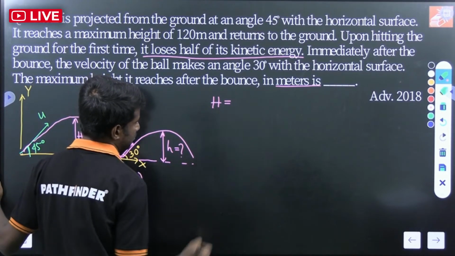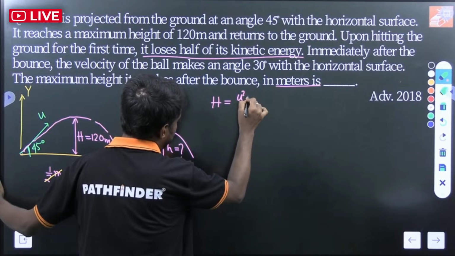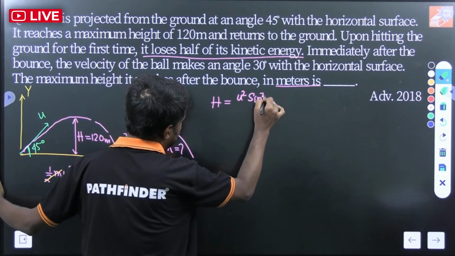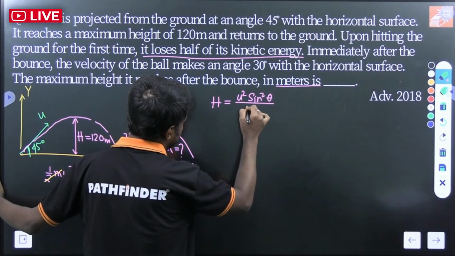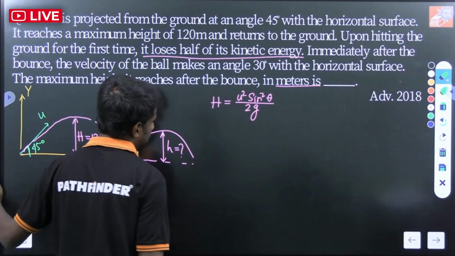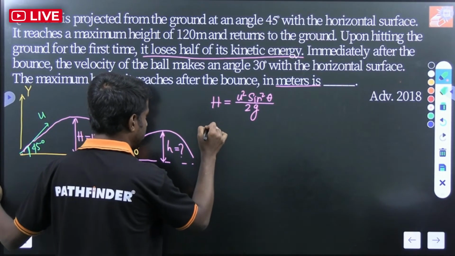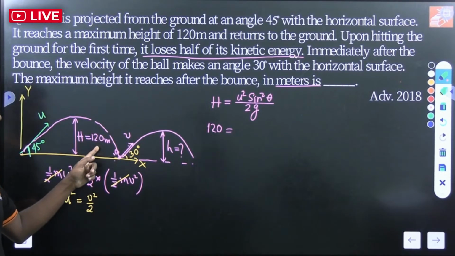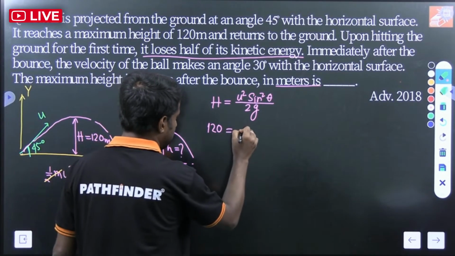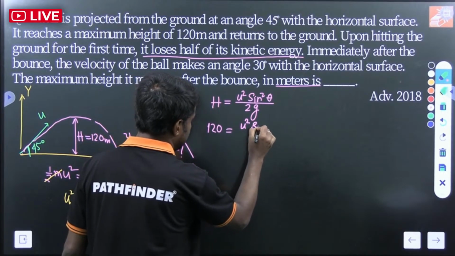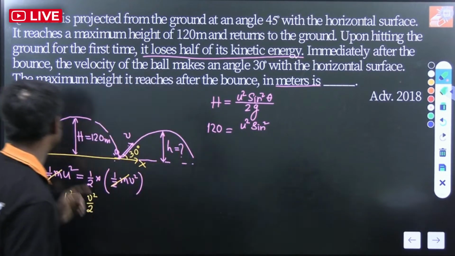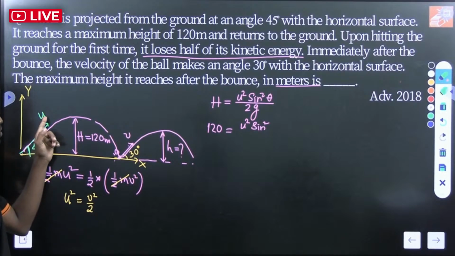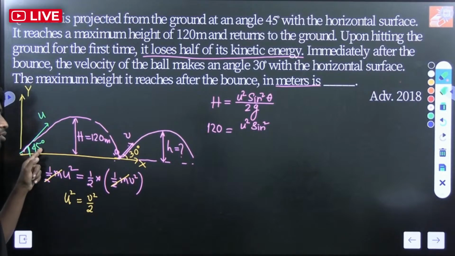H is equal to u square sin square theta by 2g. So in the first case, h is 120 meter. So that should be equal to u square sin square theta, and when it is thrown with u velocity, the angle was 45 degree.